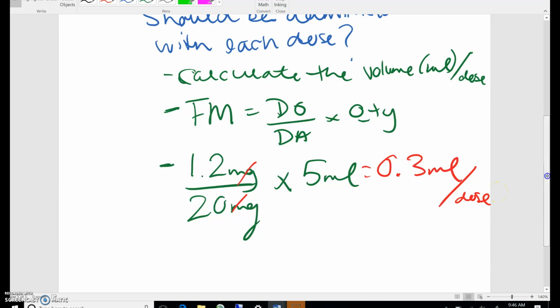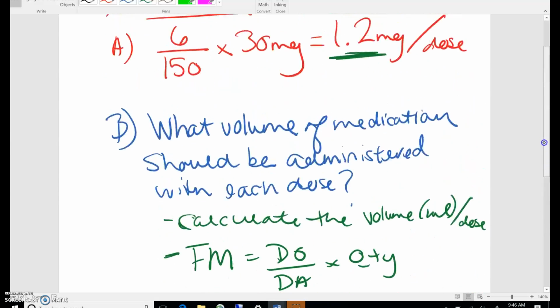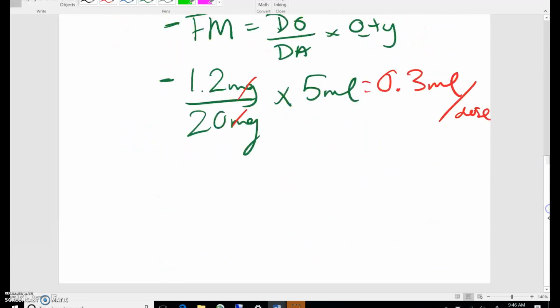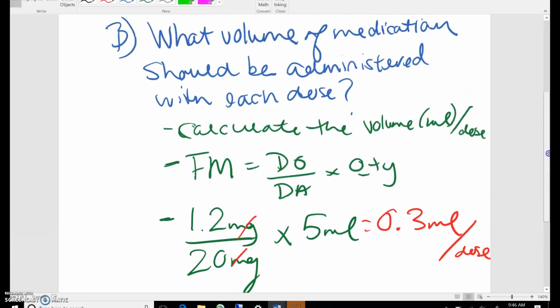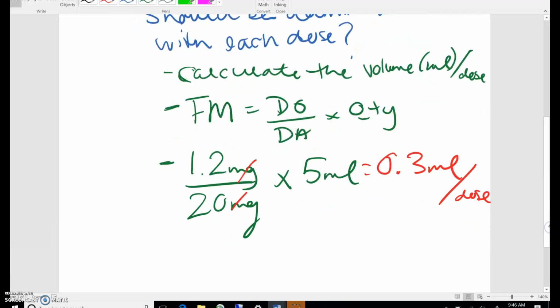So, as you can see from number 2, the doctor does not provide on the order the detailed dose ordered. You have to calculate that based off of the information. And we've calculated that the dose ordered is 1.2 milligrams. But now the question is, for question B, how many milliliters of that stock solution will give you 1.2 milligrams? Well, 5 milliliters gives you 20 milligrams.